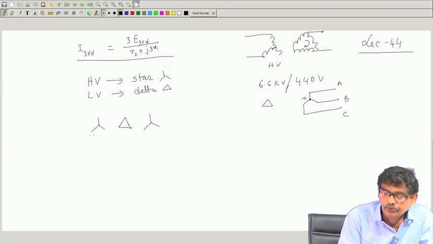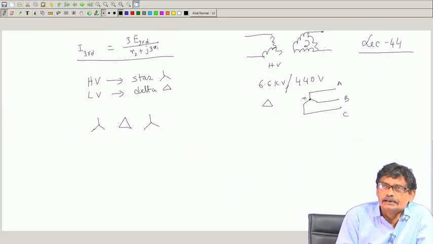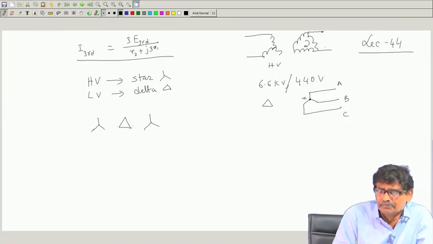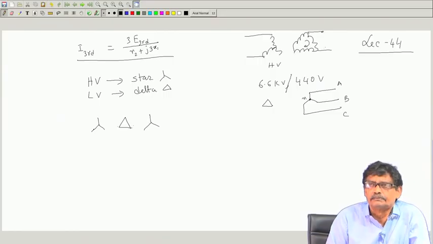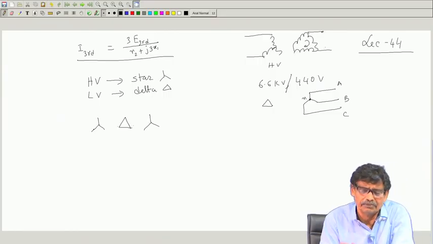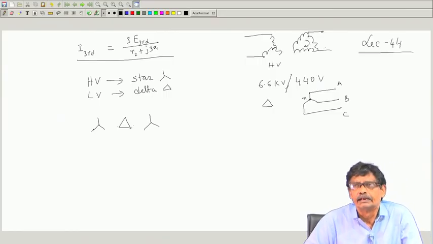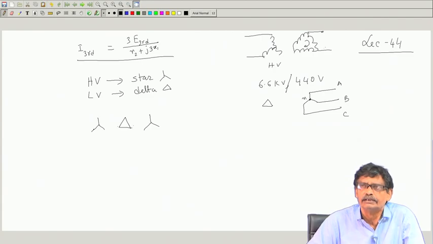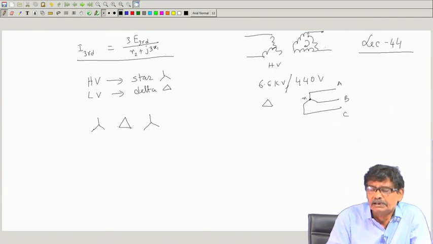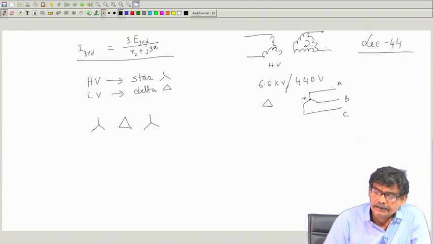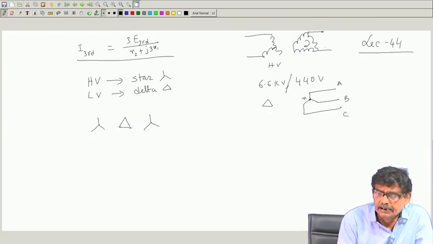That is, there will be two secondaries, because it is always preferable to have a delta. Suppose you require star-star, high voltage this side, high voltage this side, I will take advantage of lower insulation level. So, it is like this, and you connect it and another additional winding.